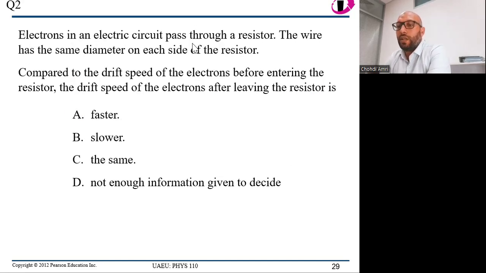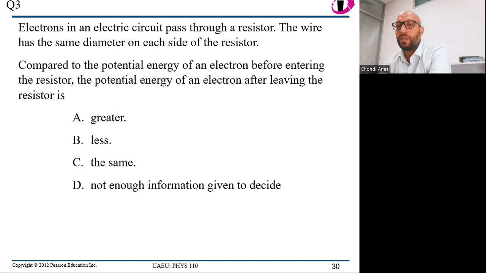Question 2: electrons in an electric circuit pass through a resistor. The wire has the same diameter on each side of the resistor. Compared to the drift speed of the electrons before entering the resistor, the drift speed of the electrons after leaving the resistor is the same. Okay, it will be slowing down, then speeding up. Good.